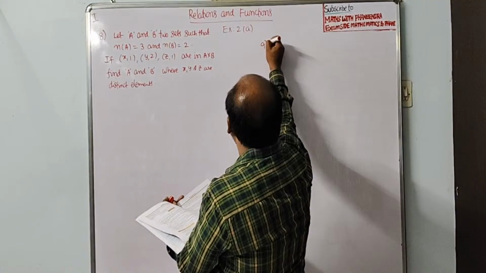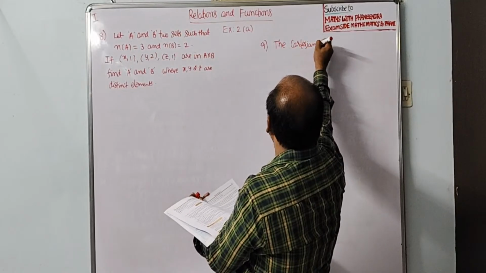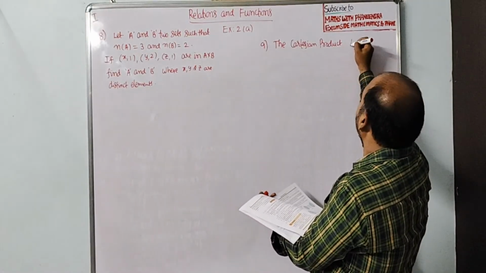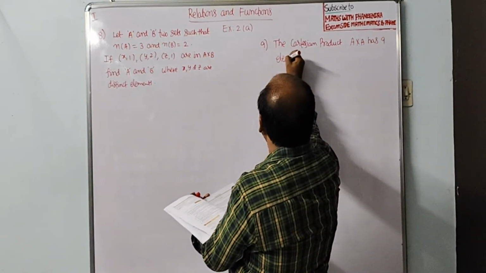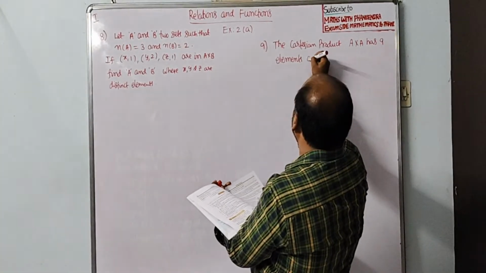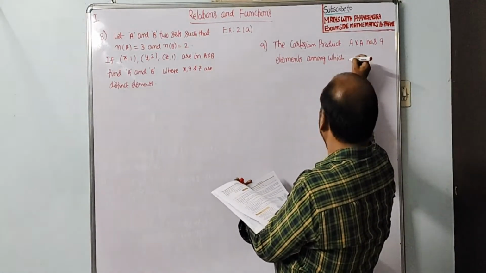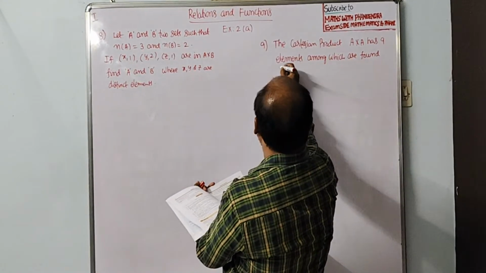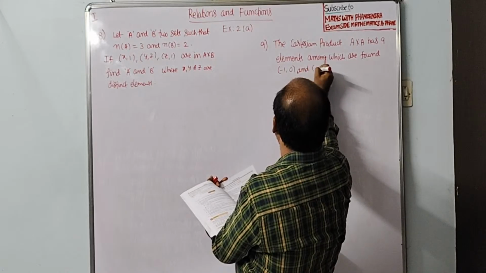So question number 9. The Cartesian product A cross A has 9 elements, among which are found (-1, 0) and (0, 1).